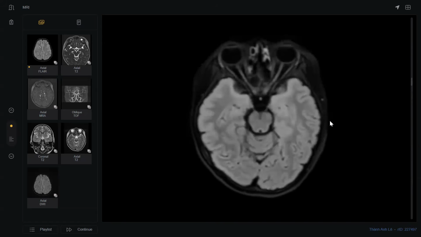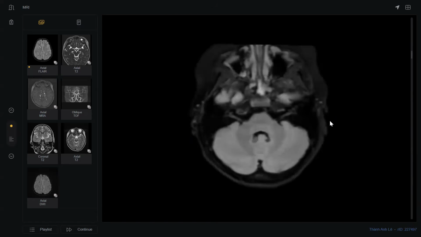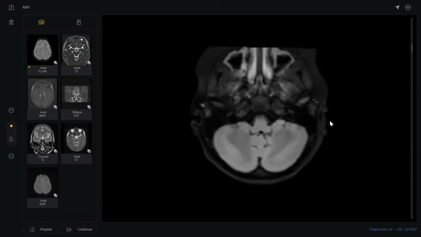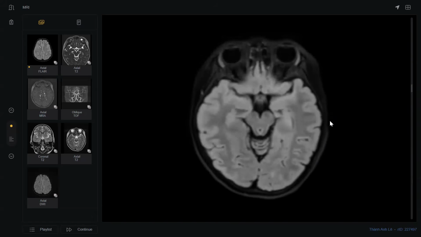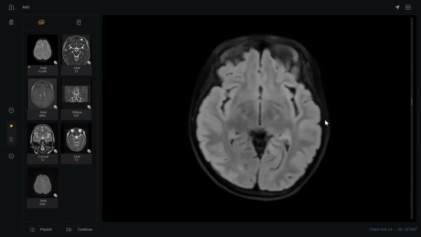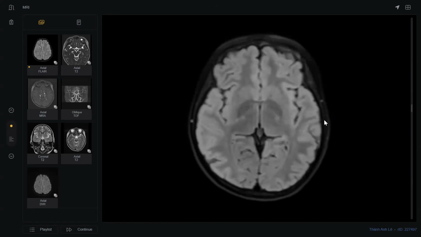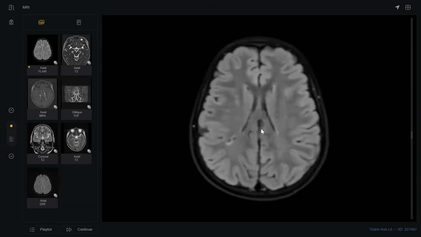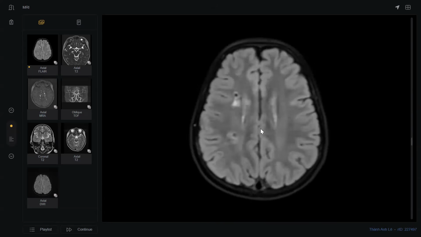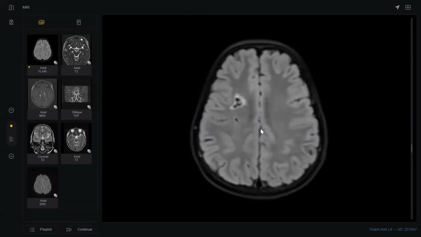Otherwise, I don't see any other lesion. So I think these are two lesions. The larger one is in the right side centrum semiovale, and the other on the left.